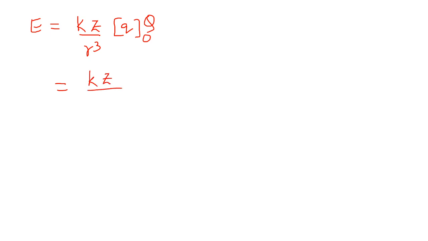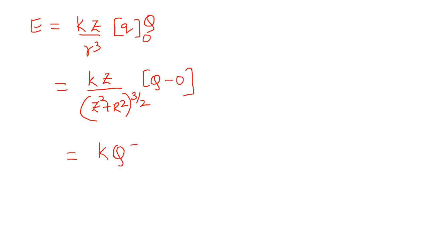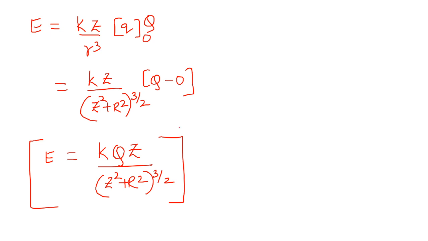So k z by z square plus R square to the power 3 by 2, times Q minus 0. The final result comes out to be k Q z by z square plus R square to the power 3 by 2. That's the electric field on the axis of the ring. This is basically the electric field at an axial point.